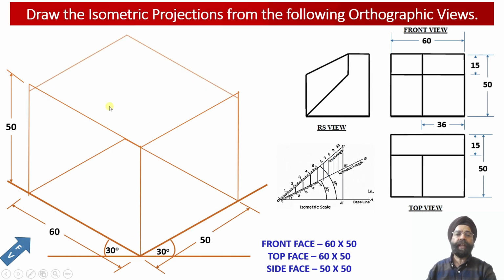Now in order to obtain the top face of the solid, two more isometric projection lines we need to obtain over here. This isometric projection line will be measuring 50 millimeter. It will be parallel to this isometric projection line and parallel to the z-axis. And this isometric projection line will be measuring 60 millimeter.